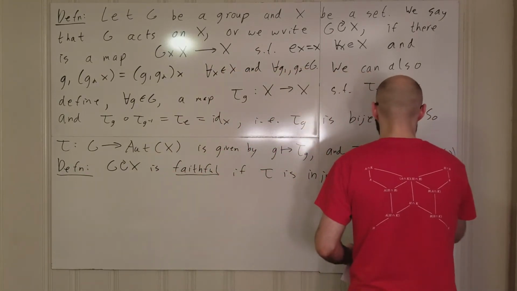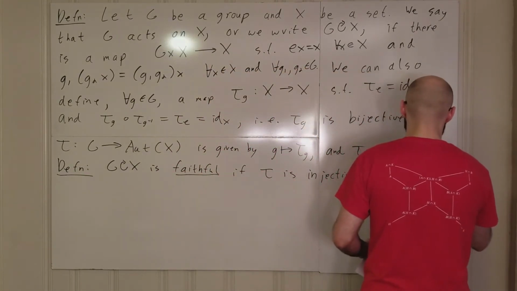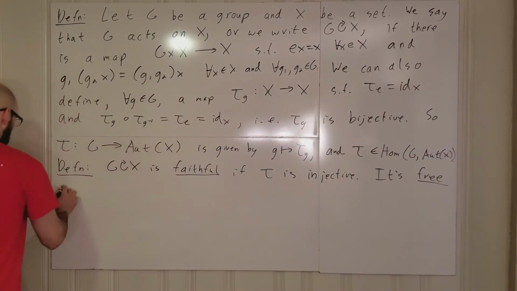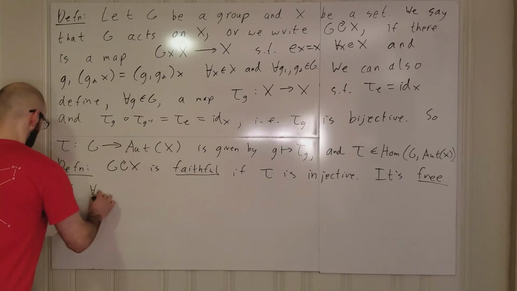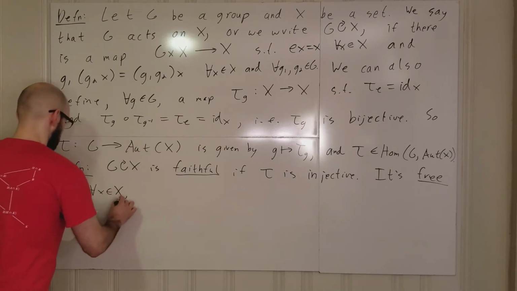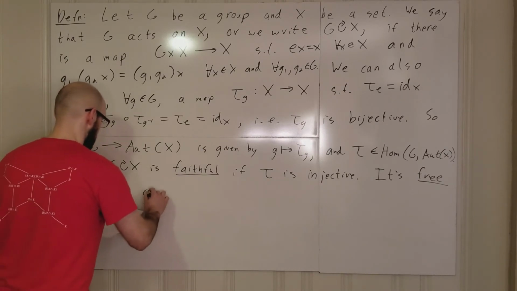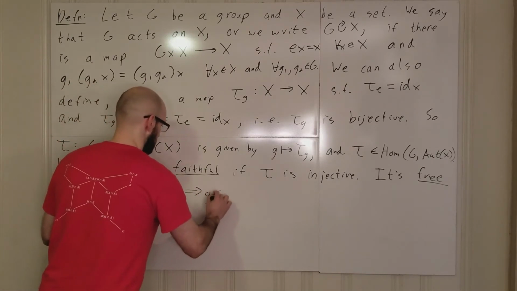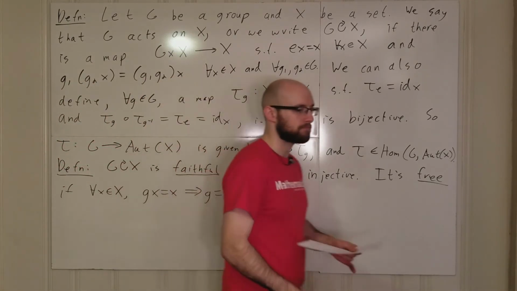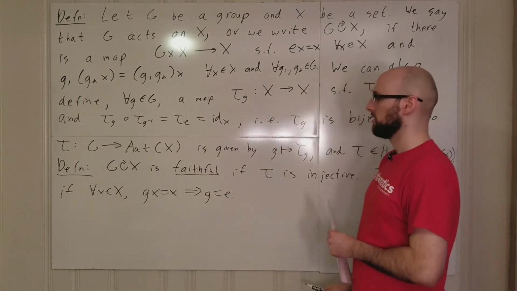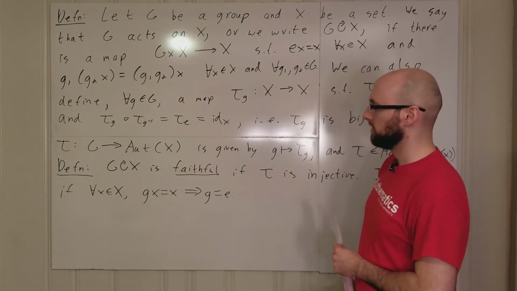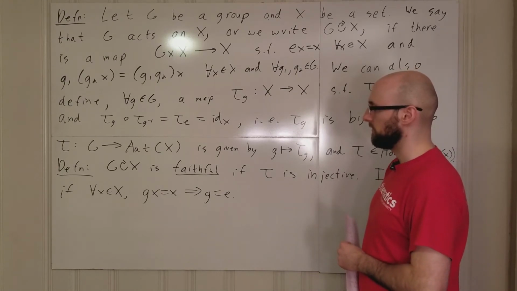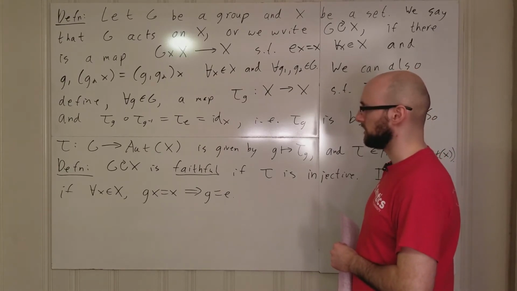So I'm just going to write it's free if for every single x in X, gx equals x implies g equals e. So here, for every single x, the only way that an element of G can fix x is if g is the identity.